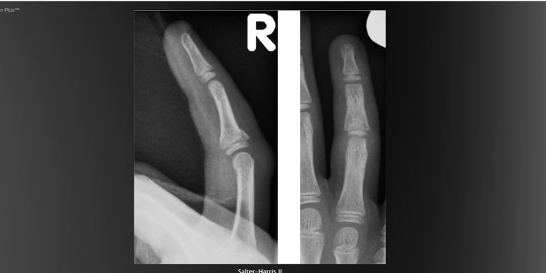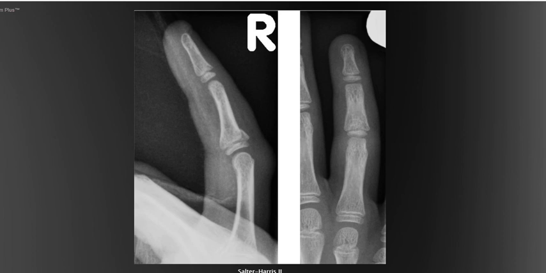This is a Salter-Harris type 2 fracture, and Salter-Harris fractures involve the physeal growth plate and the adjacent metaphysis and/or the epiphysis, and a fracture in this area will usually go through the weakest point, which is the cartilaginous growth plate, and it would usually spare the stronger joint capsule and its associated ligaments and tendons.